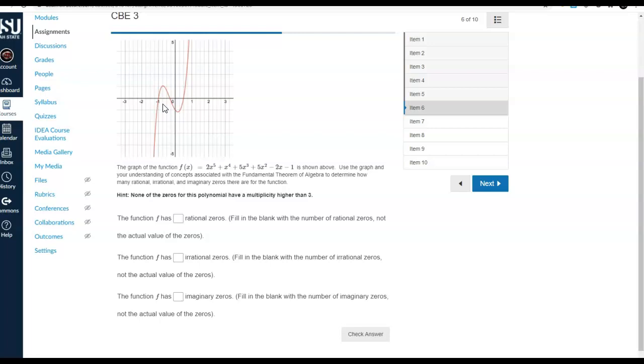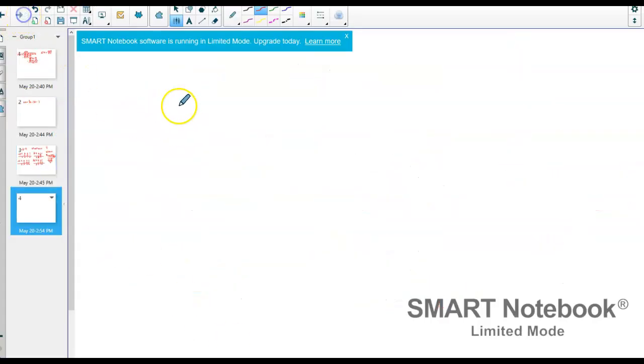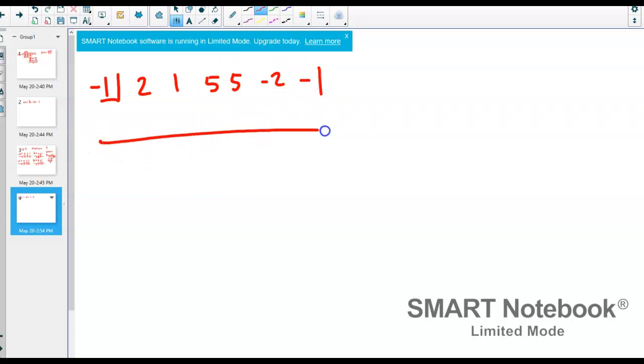Again, we're going to use negative 1 because that's where it looks like it crosses. So 2, 1, 5, 5, negative 2, and negative 1, and do synthetic.